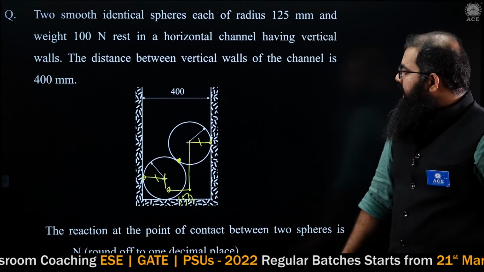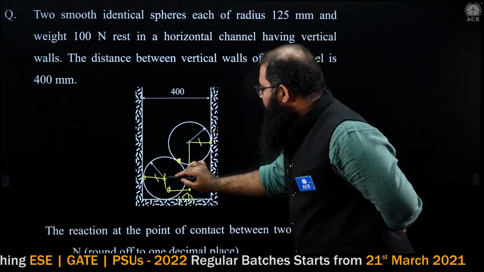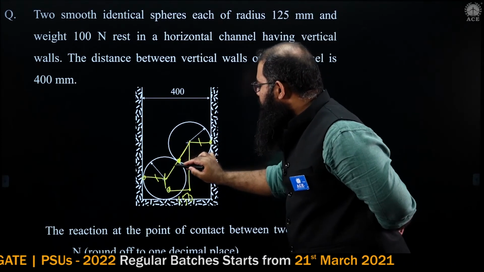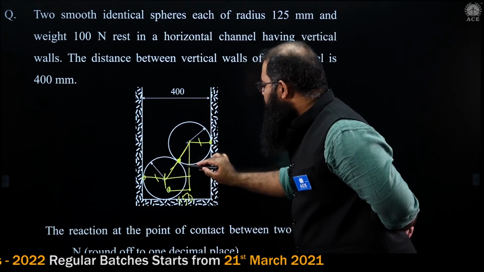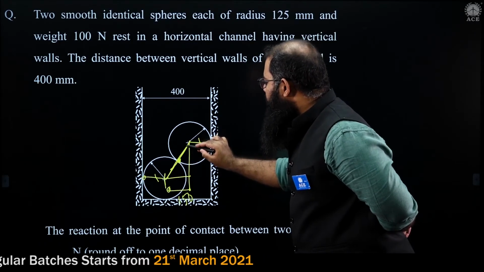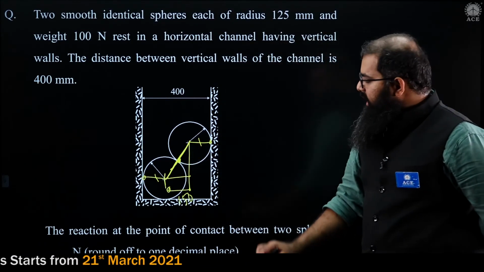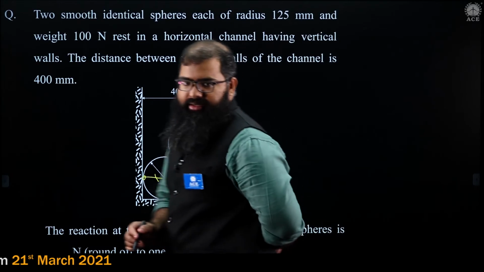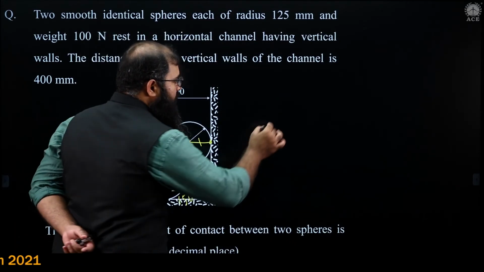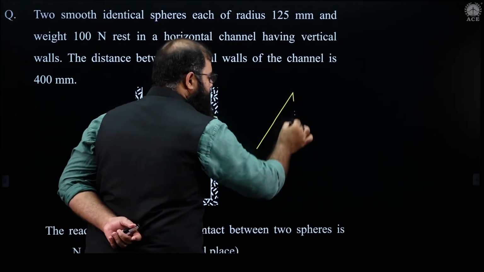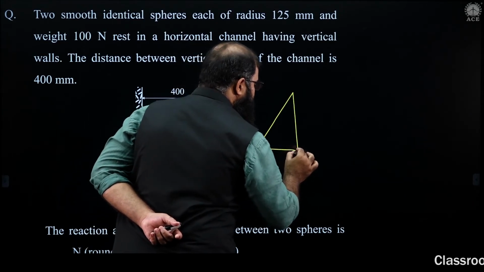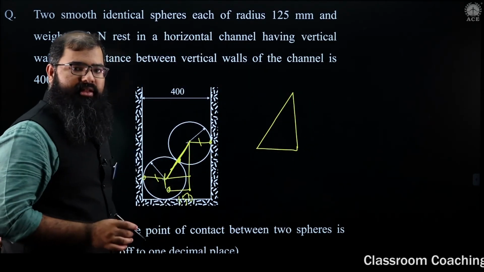Next, I'm having this angle over here. If you complete this triangle, let me show you the triangle now. The triangle is something like this.